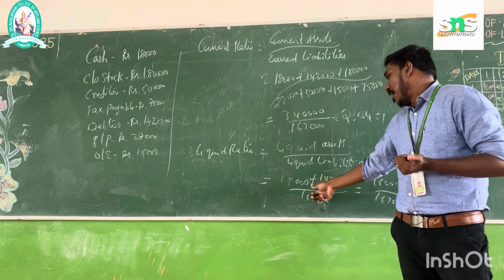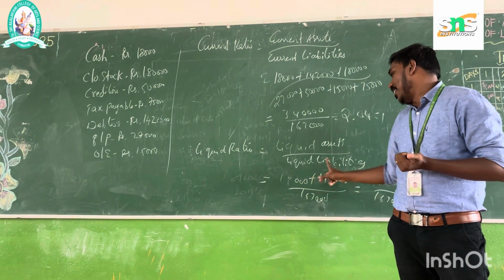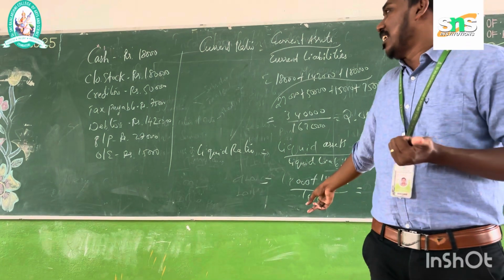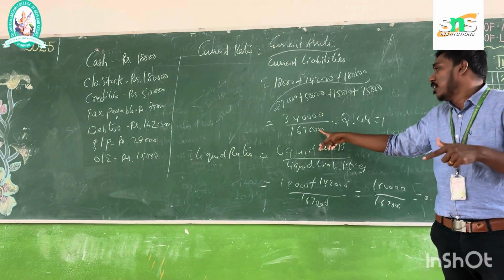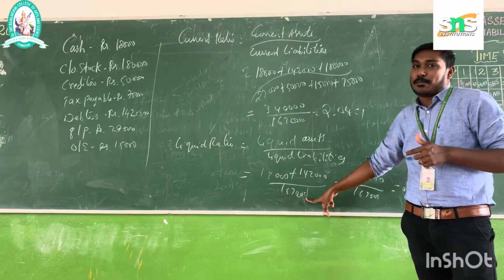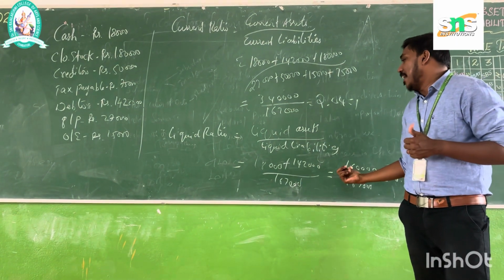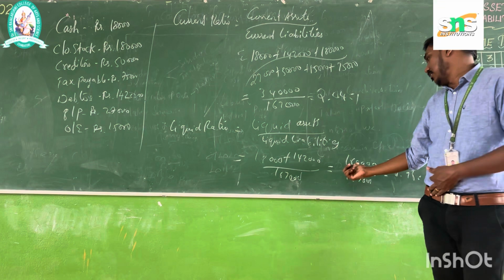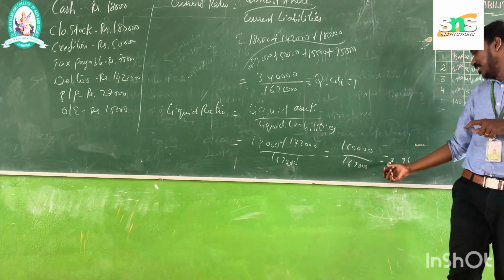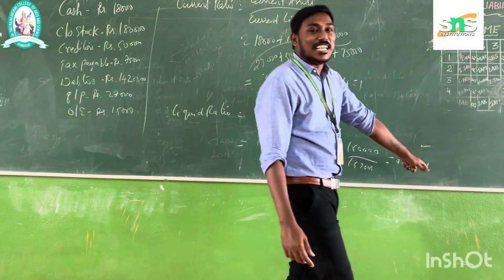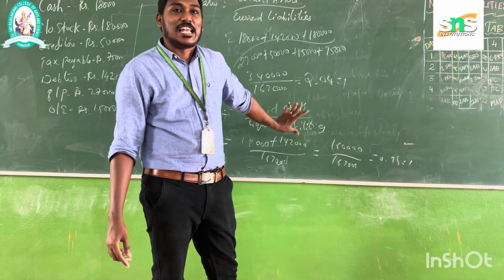Cash plus debtors divided by liquid liabilities, which is 1,67,000, and we have already found it in the current ratio. So 1,60,000 divided by 1,67,000. The final answer will be 0.96 is to 1. This should be the final answer.